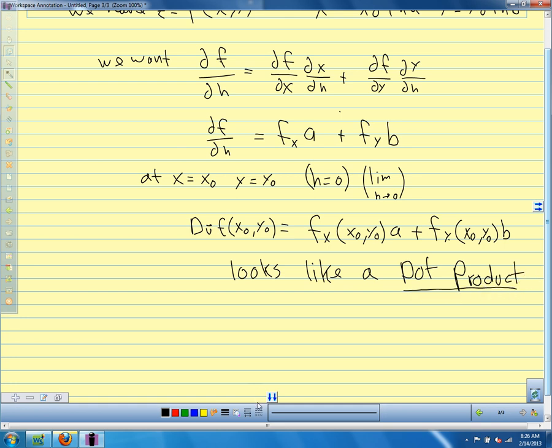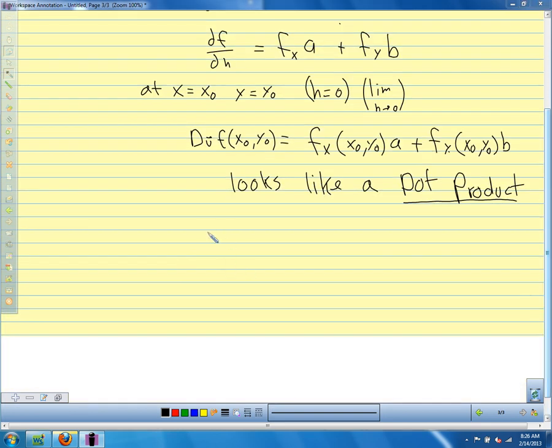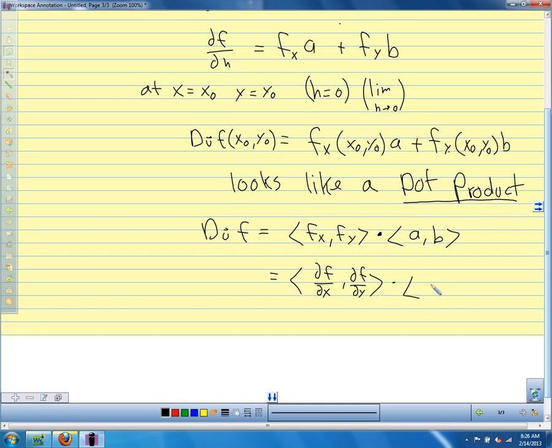So we could say that our directional derivative of f equals, if we make a vector of the partial with respect to x and the partial with respect to y, dot (a, b). And I could also write this with our curly d's, taking the dot product with (a, b).